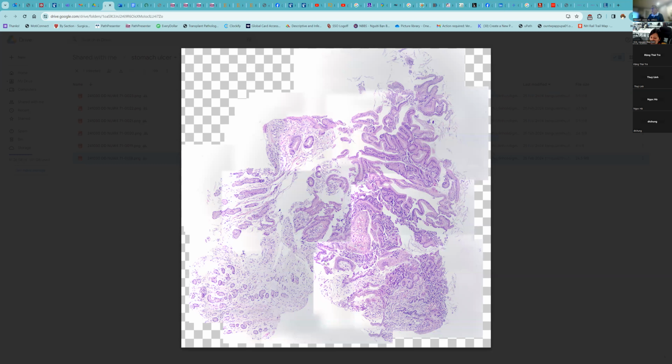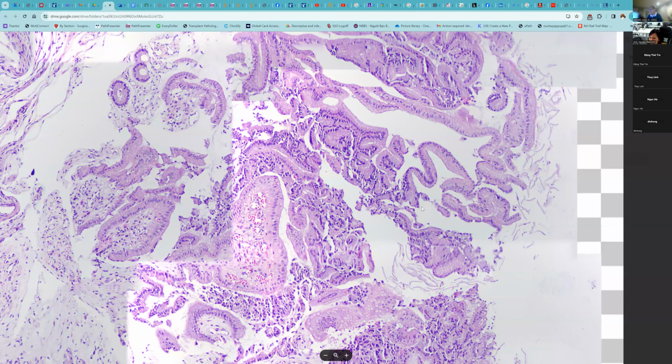And that happens quite a bit with gastric biopsies, that you'll get some pinching and so forth. The foveolar epithelium, I don't think is neoplastic. It doesn't look dysplastic. The nuclei are basal.